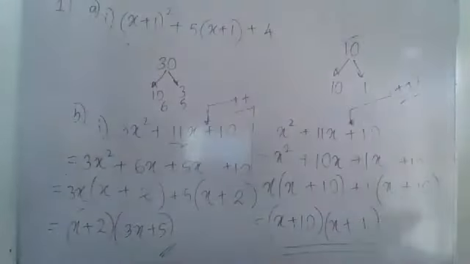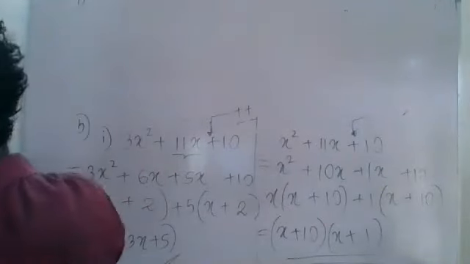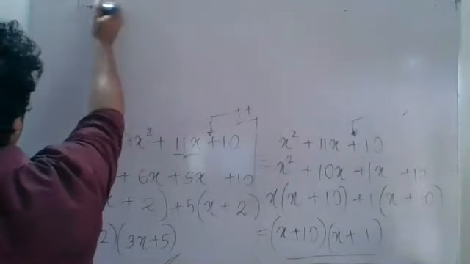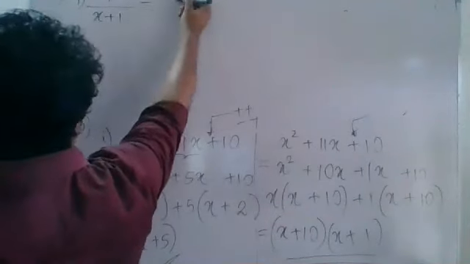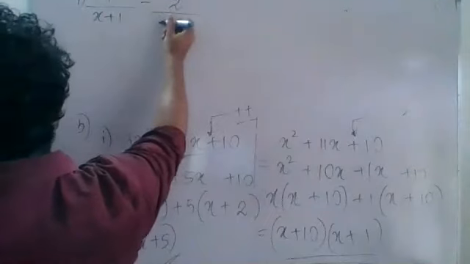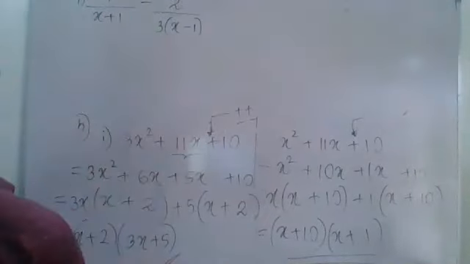Okay, part B, part B1. 1 over x plus 1 minus 2 over 3 times x minus 1.